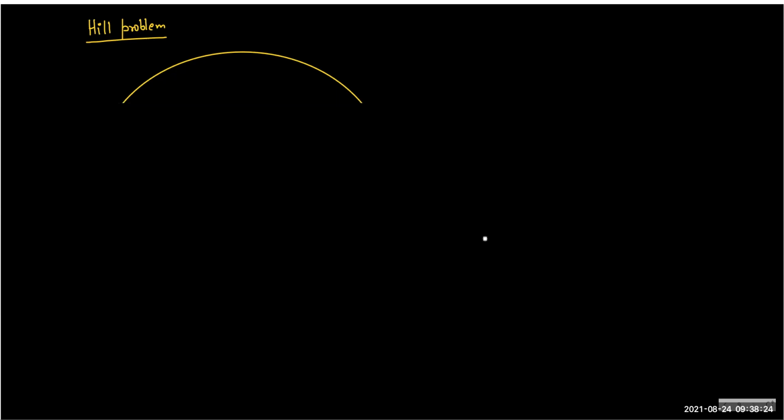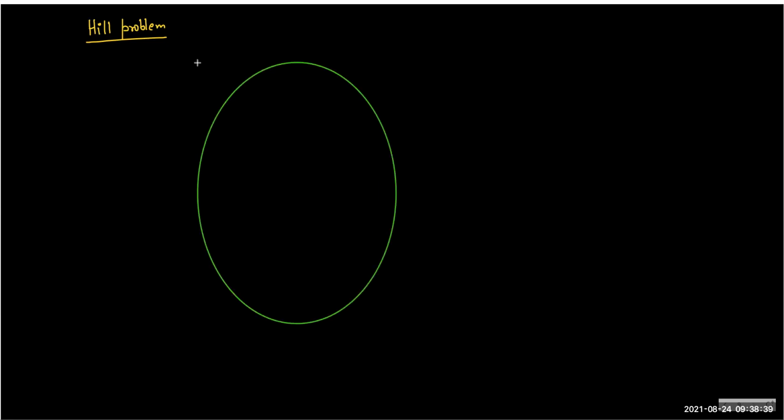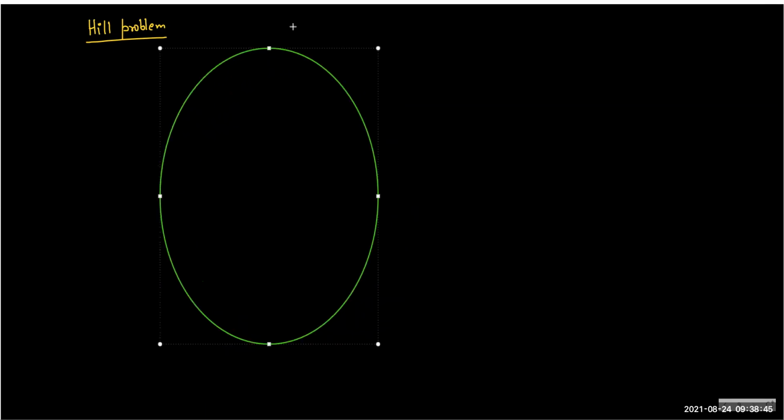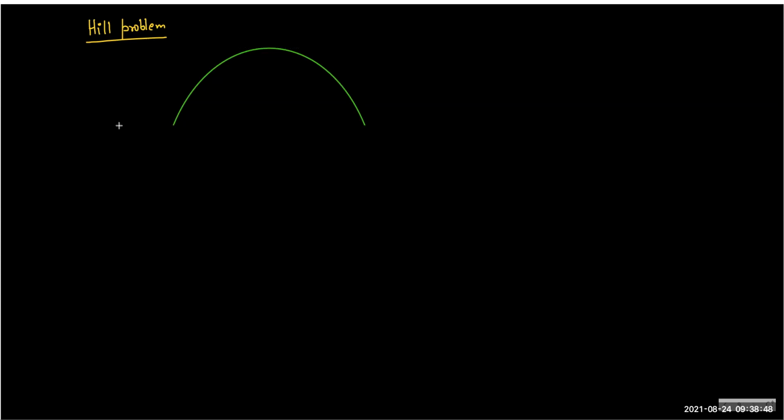So imagine this is a projectile. Inside every projectile, we can always draw... So imagine I'm drawing a triangle which is like a mountain.